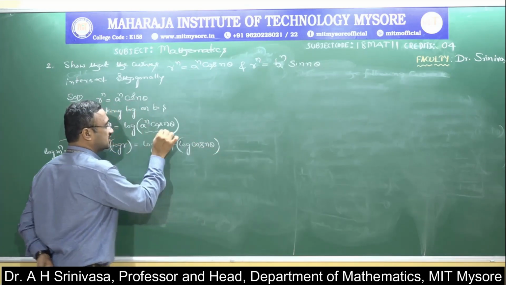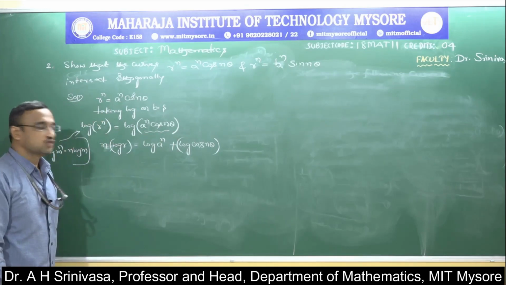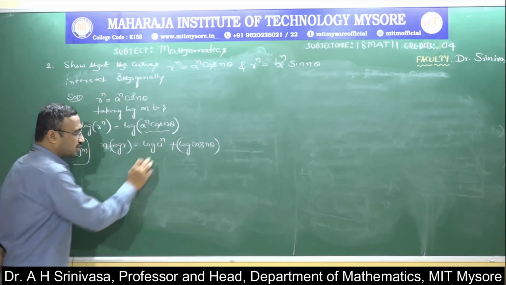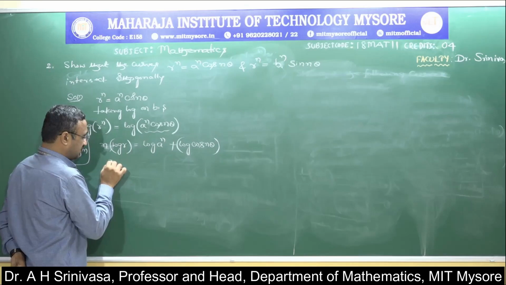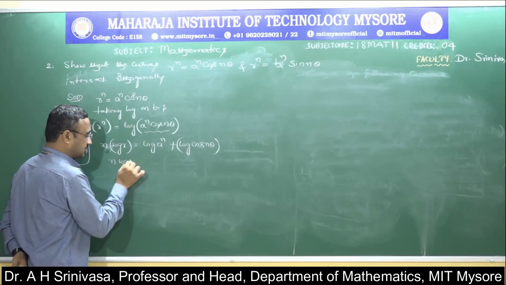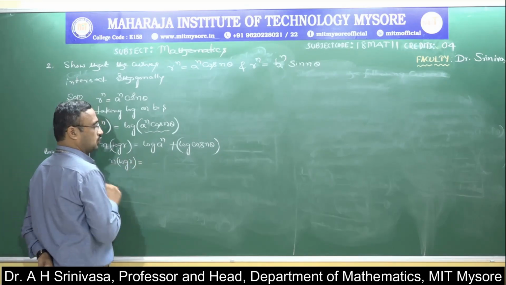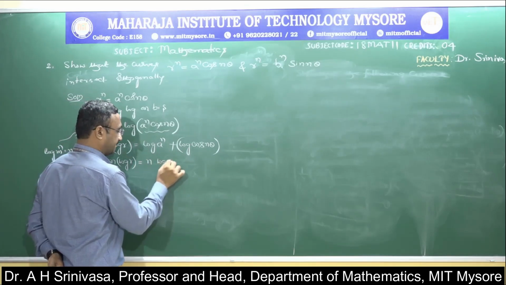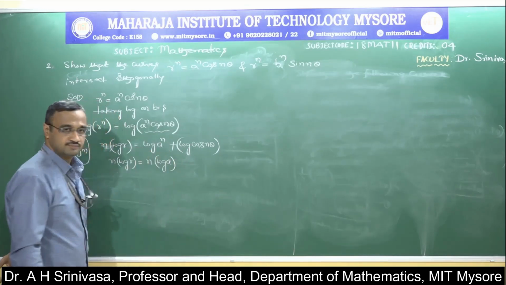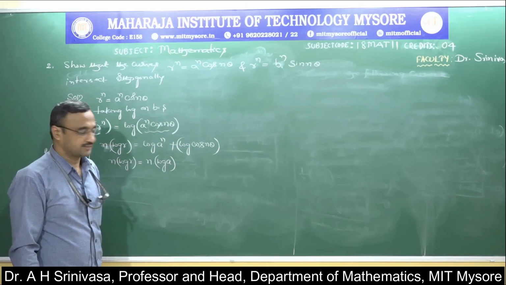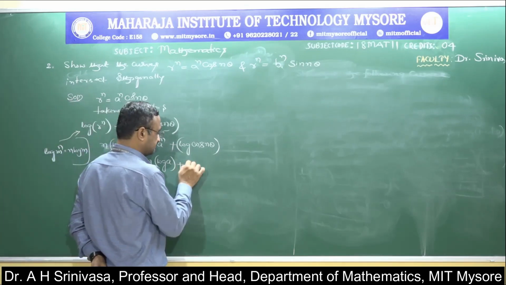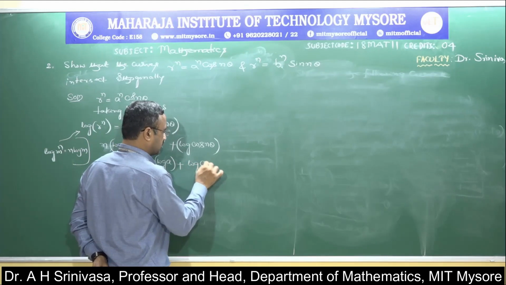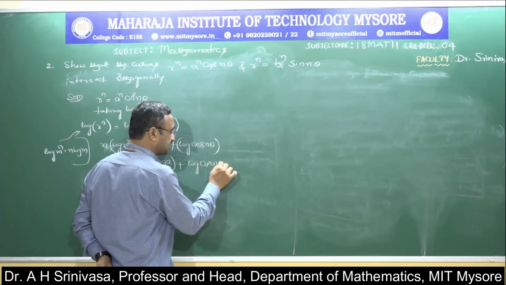Here the product of two functions is there, m into n, so you have to use it. So now n log r should be equal to n into log a, again using the properties of logarithm, plus the logarithm of cos n theta.